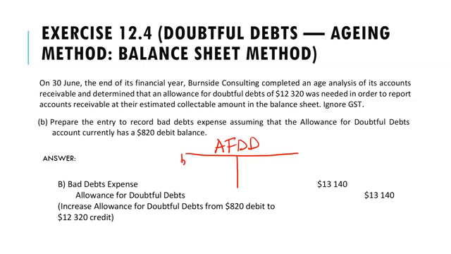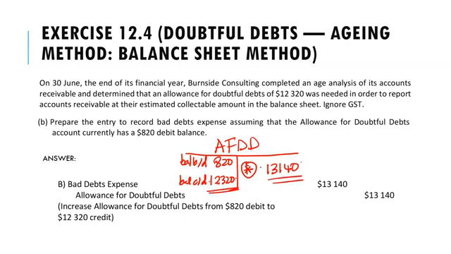Debit balance means the balance BD is 820. Your balance CD carried down for this is 12320. So the difference here, the missing figure here should be 13140.